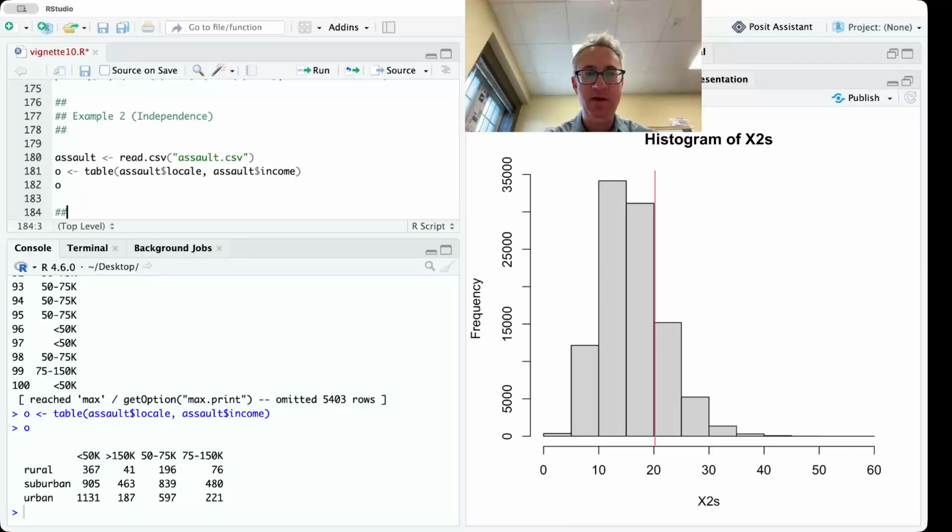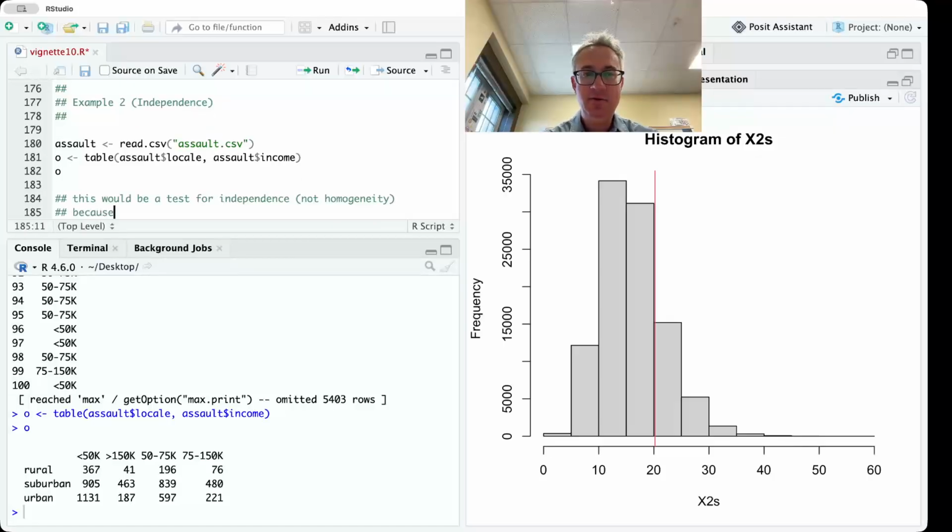This would be a test for independence, not homogeneity, because both rows and columns are random, right?